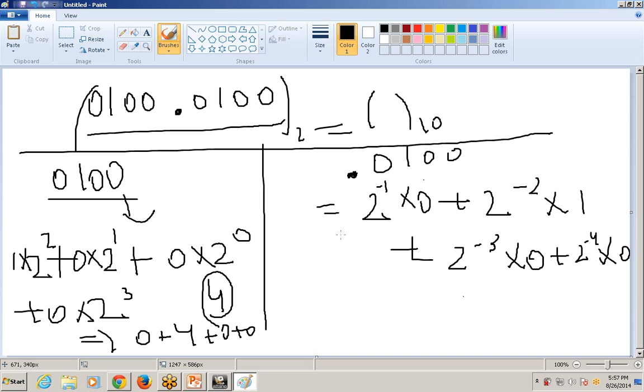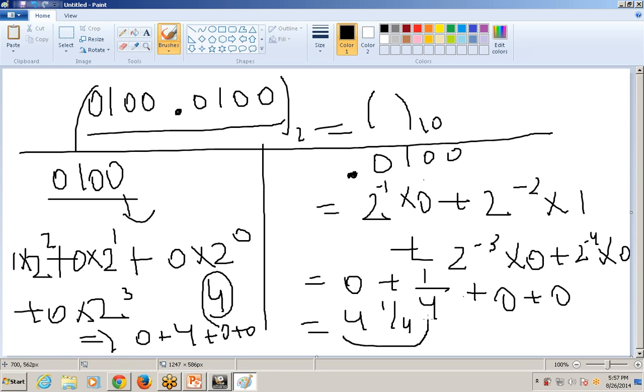So this is how we can represent it, starting from right to left. This is 0 and that is 1 by 4, because 2 power 2 is 4. So this is 1 by 4 and again 0, 0. So the output is 4 and 1 by 4. This is your main output.